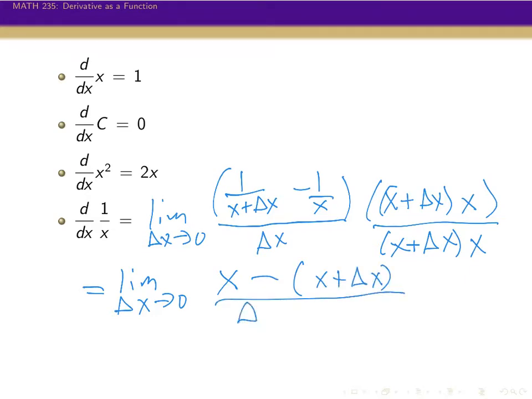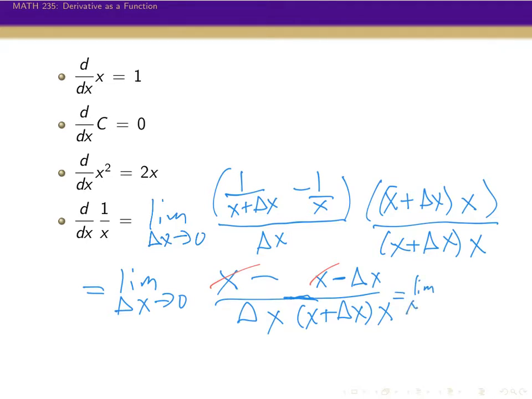Then I have delta x times x plus delta x times x on the bottom. Now, if we distribute this minus sign, I'm going to get minus delta x there, and then the x minus x, those two cancel themselves off.